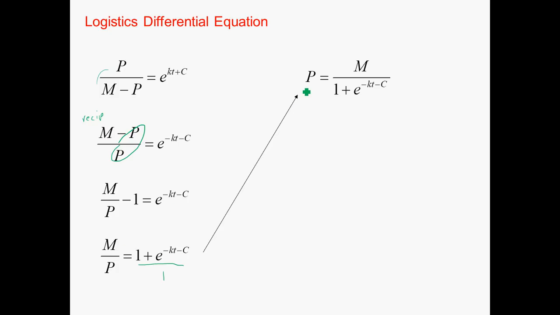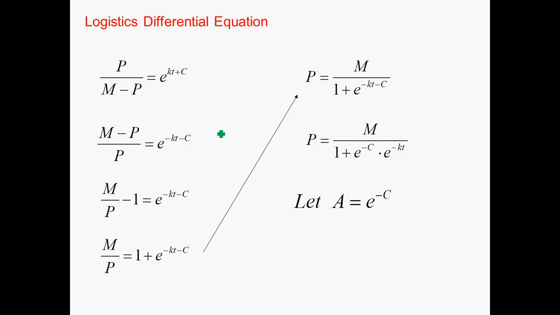So P over M was equal to 1 over all of that stuff, and then of course I multiply through by M. Then I separated out the constants. Don't ask me why, but for these logistic differential equation problems, they like to call the constant A. You can call it y sub 0, P sub 0, whatever you like.